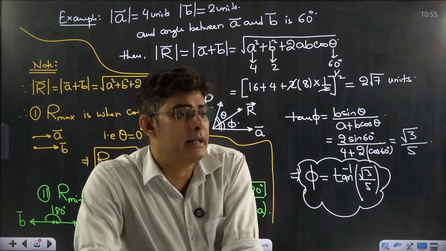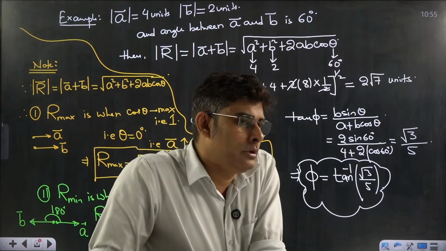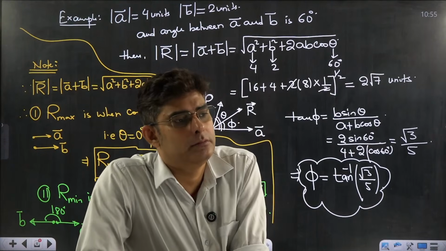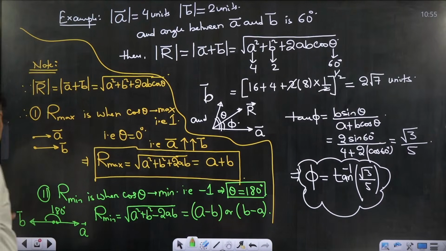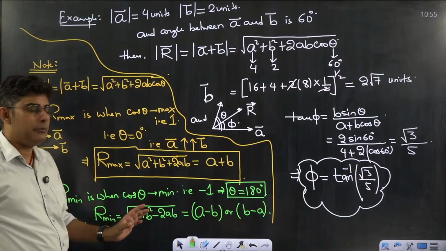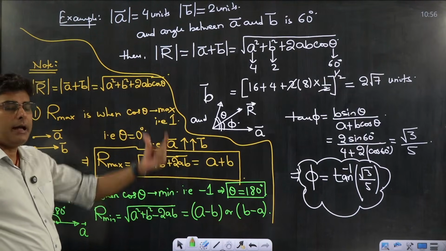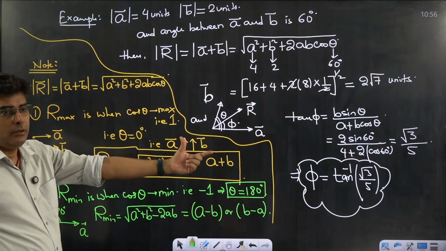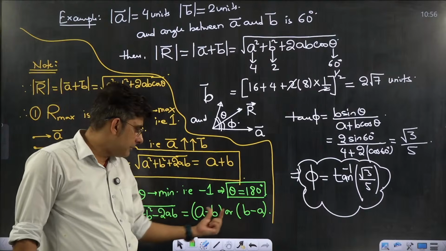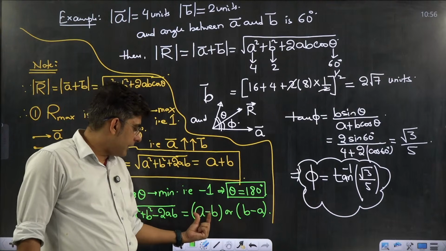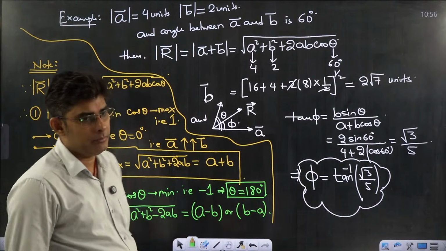So the resultant can take all values from 2 to 8. Understood? The resultant will lie between a minus b and a plus b, or b minus a and a plus b, depending. I am telling this many times: when you are taking a difference, bigger value minus smaller value, that is to be kept in mind.